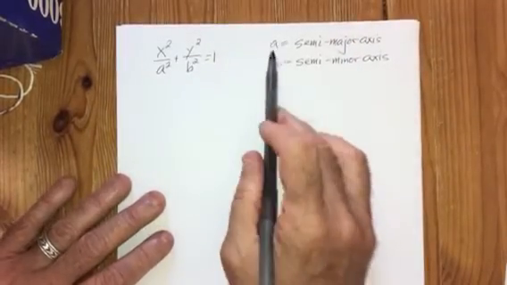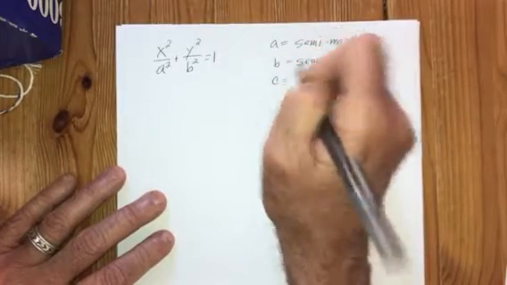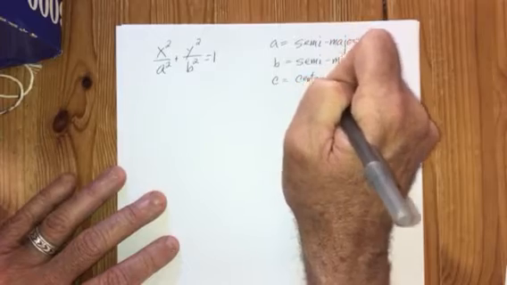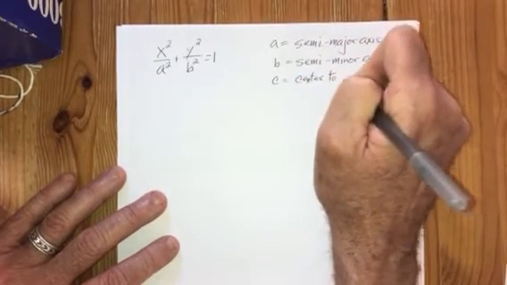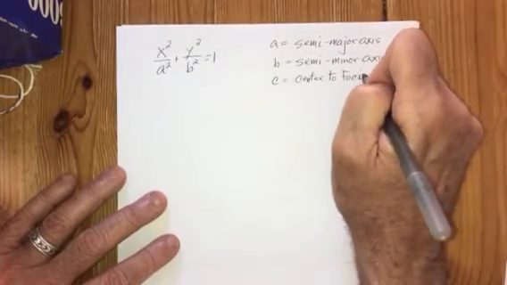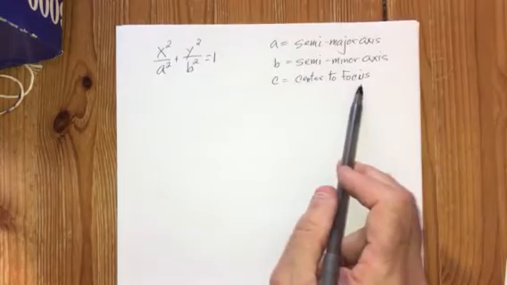Now, we related these two quantities in our last video to the distance c, which is the distance from the center to one of the foci. Call that focus. Okay, so that was the distance from the center to the focus.